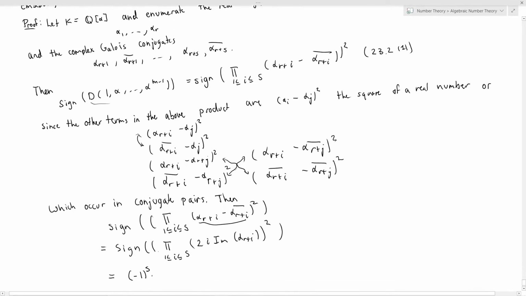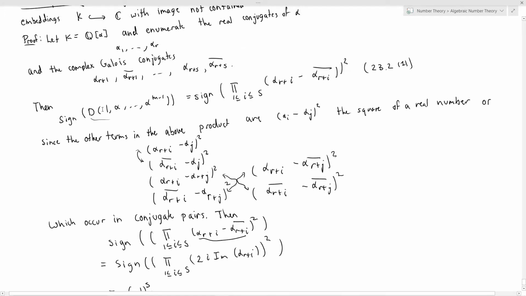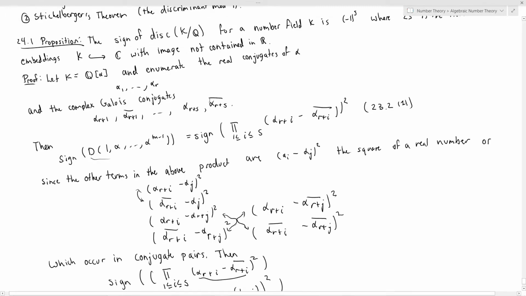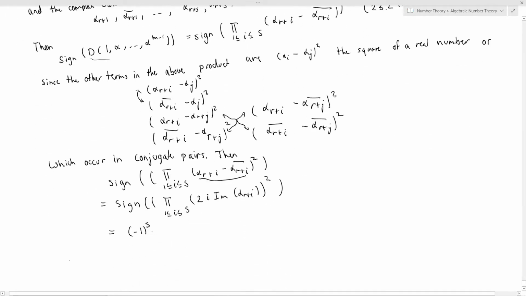Okay, so there's something to be a little bit careful of here. This discriminant may not actually be equal to the discriminant of our ring of integers. However, it differs by the square of some rational number.